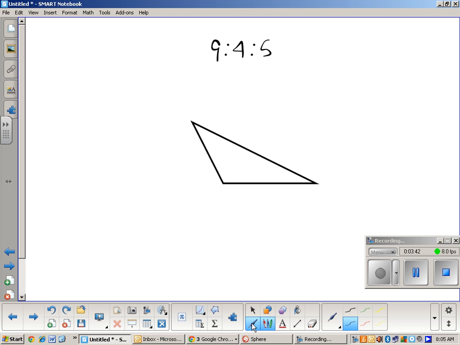And we're saying the ratio of the angles is 9 to 4 to 5. Okay? And what that means is that the biggest angle is broke up into 9 equal pieces. And I could try to do that. That's not 9 and it's pretty difficult, so I'm not going to actually do it, but I could break that up into 9 pieces. The next angle is broke up into 4 equal pieces, and the next angle is broke up into 5 equal pieces.